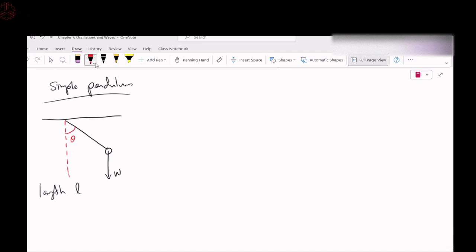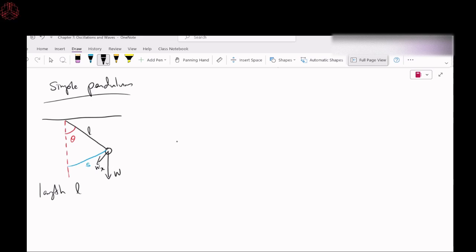So this pendulum is going to travel in a circular path like that, and this circular path is going to be S, arc length of S. And what is pulling the pendulum is just a component of the weight. So that component is simply going to be W sine theta. So this, let's call it Wx.